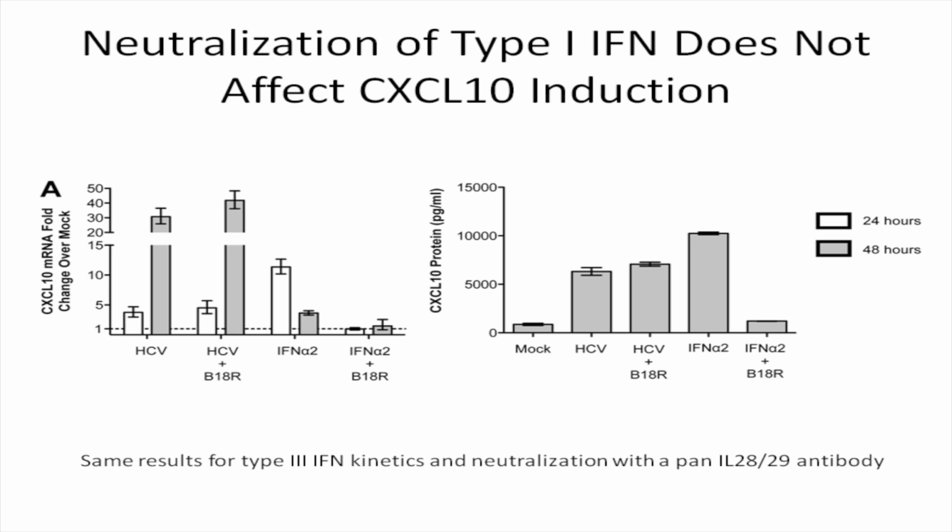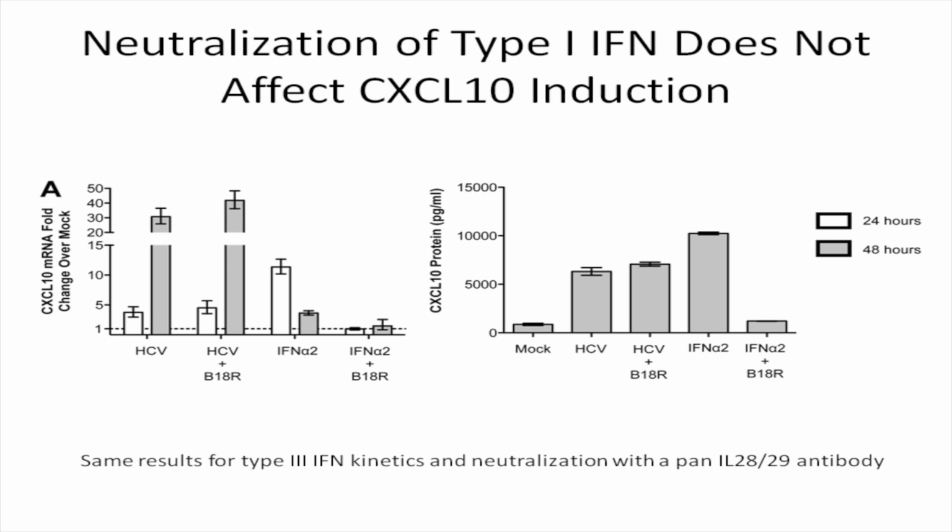But to get at this a little bit more quantitatively and objectively, we decided to neutralize interferon in the culture and look at the effect on CXCL10 induction. The way we did that is we used this really neat protein from vaccinia virus called B18R. This is a soluble type 1 interferon receptor that is produced during vaccinia infection, and it mops up type 1 interferon that's released by cells.